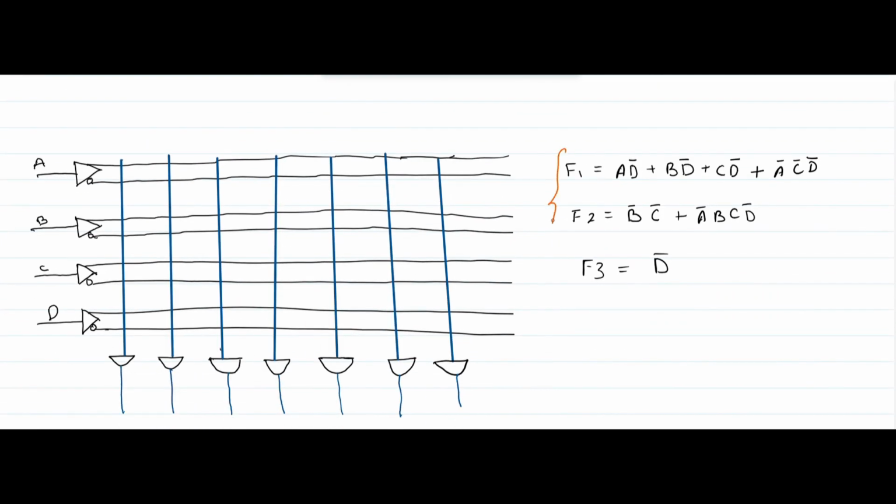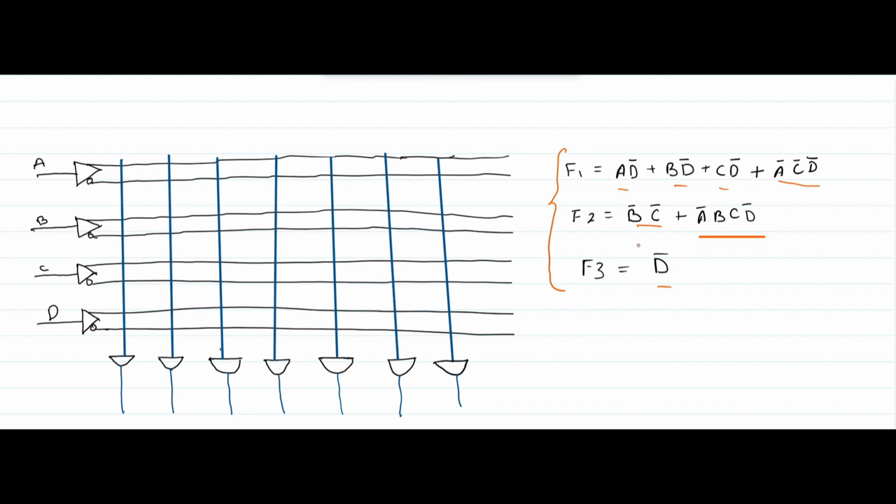Here I have written functions f1, f2, f3. So if you see here, the AND terms are A D bar, B D bar, C D bar, A bar C bar D bar, B bar C bar, A bar B C D bar, D bar.